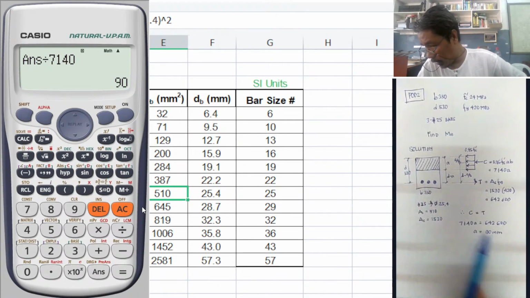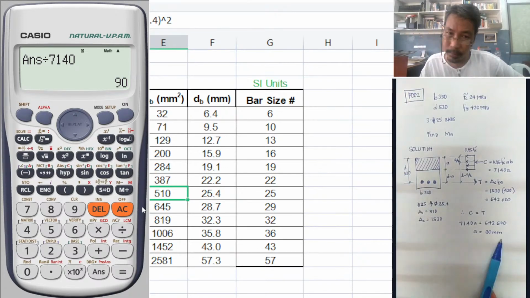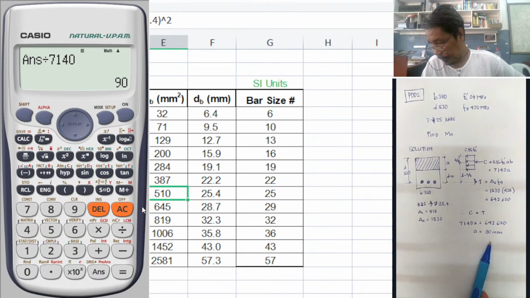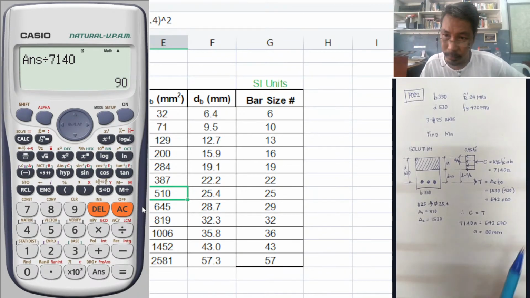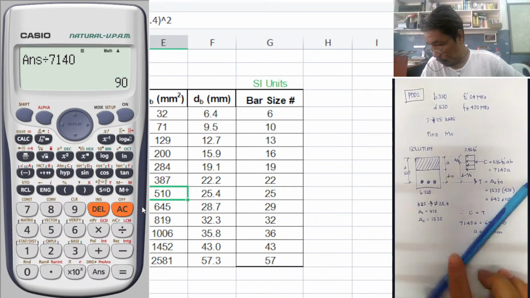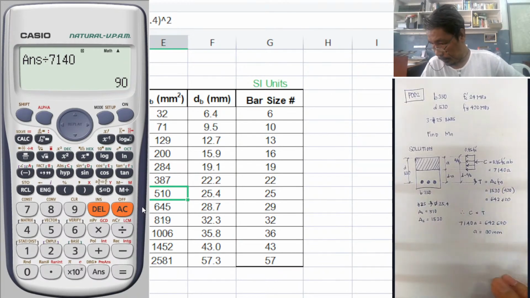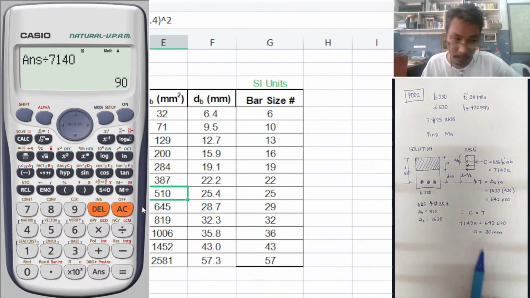It is possible. Okay, so it is about how much? It could be 1/4 to 1/3 of D. So this value is okay.